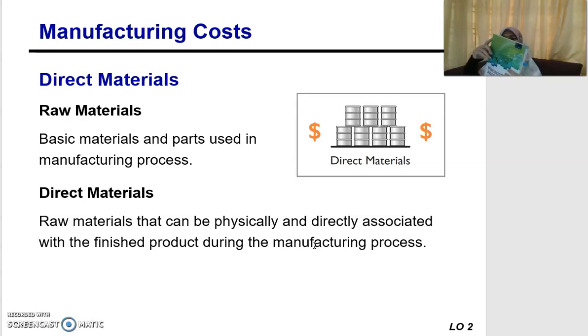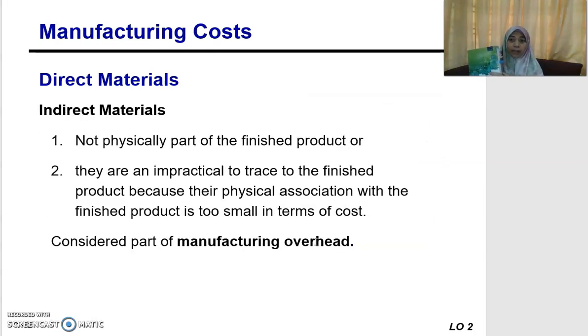What about the glue that you use to stick all the papers together? That glue is considered your indirect material. It is impractical for you to trace to the finished product, and it is too small in terms of cost. For material, you have direct material and indirect material.